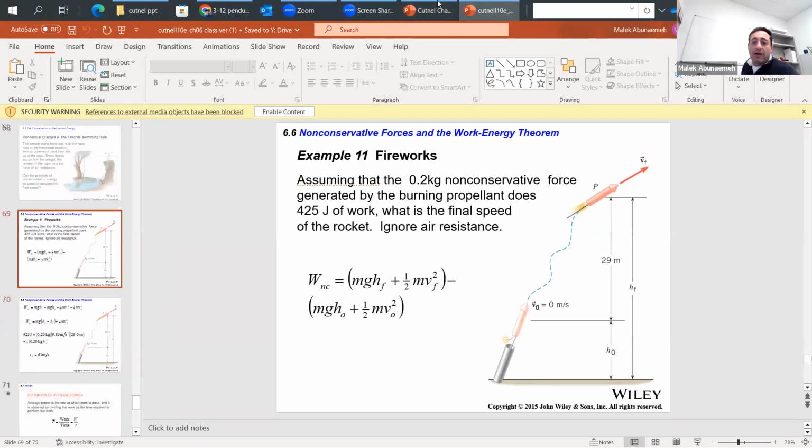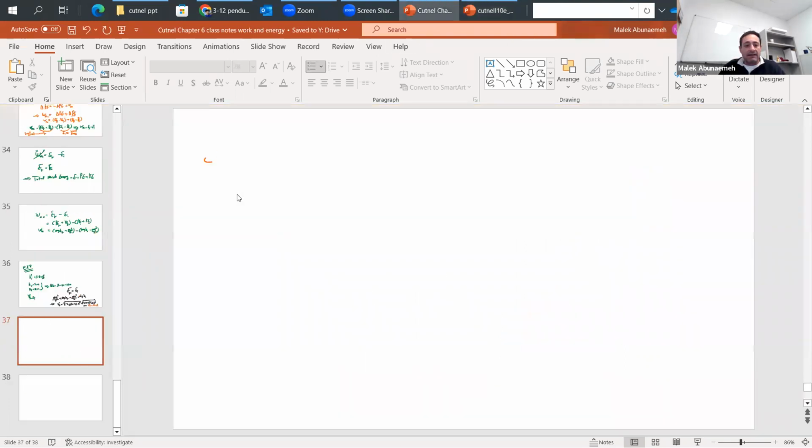Assuming that a 0.2 kilogram rocket's non-conservative force generated by a burning pellet does 425 joules of work, what is the final speed of the rocket, ignoring air resistance? So let's go ahead and write down the information for that question. And this is going to be example 11, our last example of the chapter.